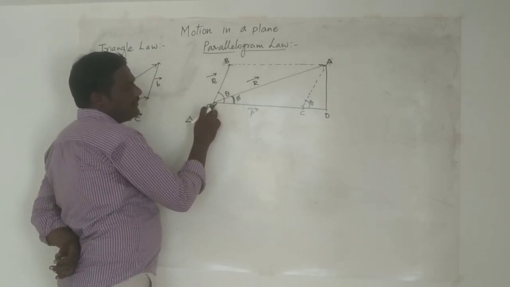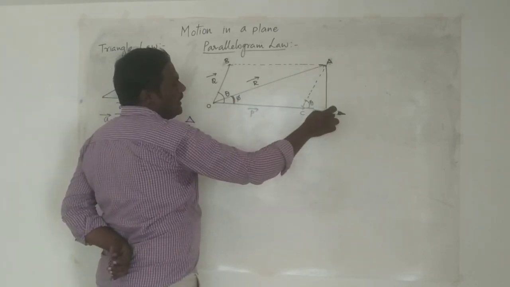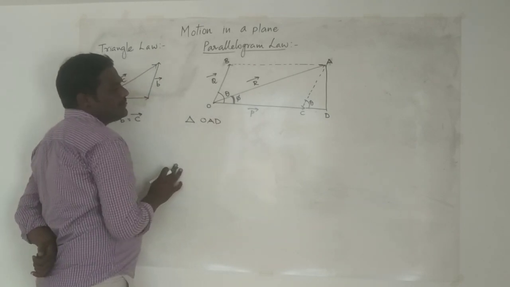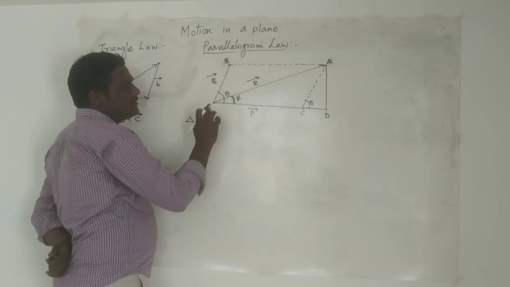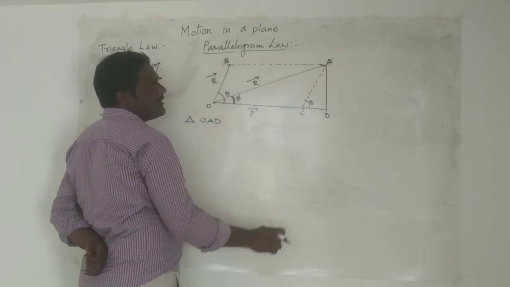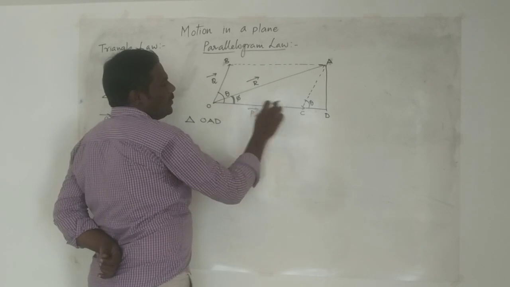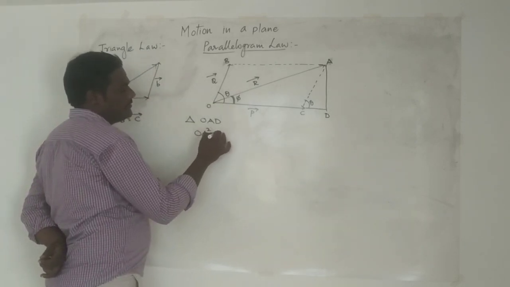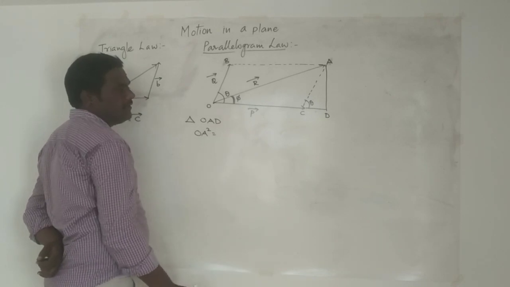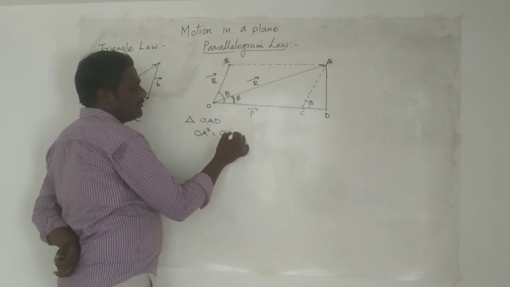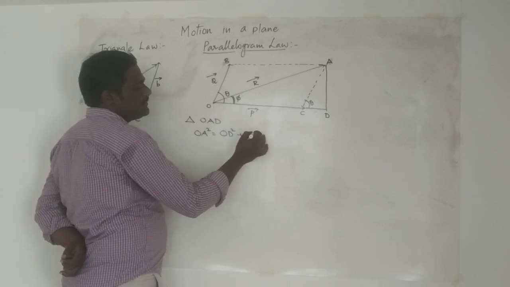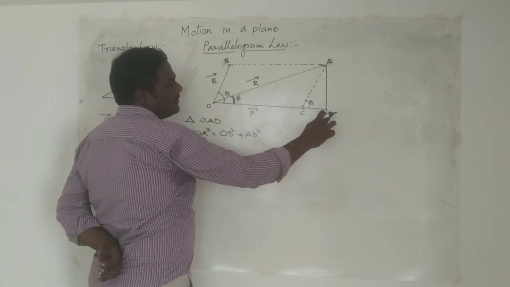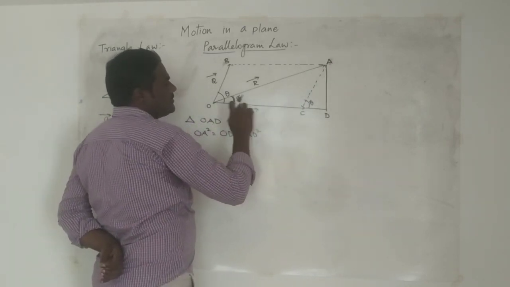Let us take the triangle first, triangle OAD. Now from this triangle OAD, the hypotenuse is OA and the sides are AD and OD. So it is very clear that you can write hypotenuse square, which is OA square, is equal to OD square plus AD square.